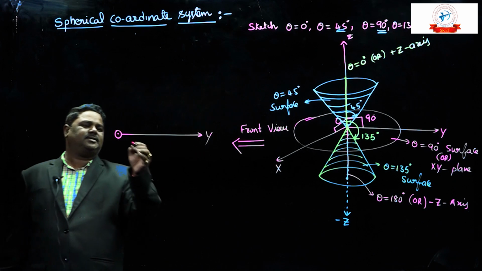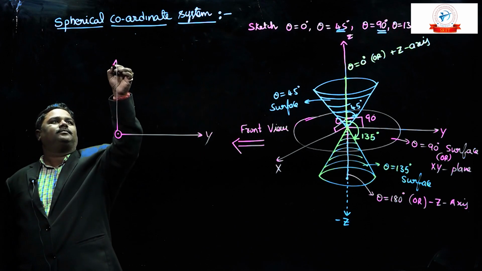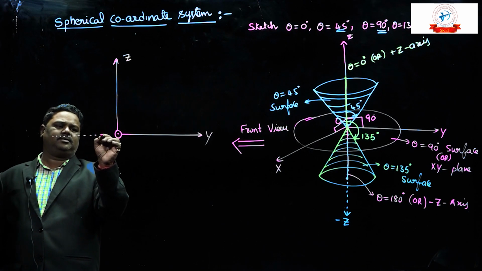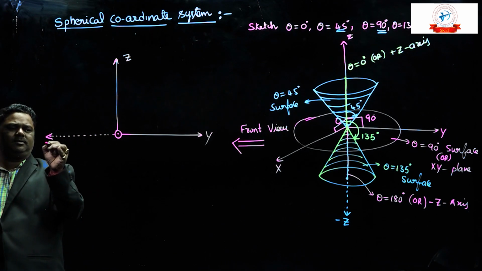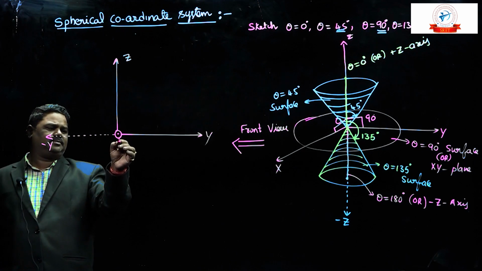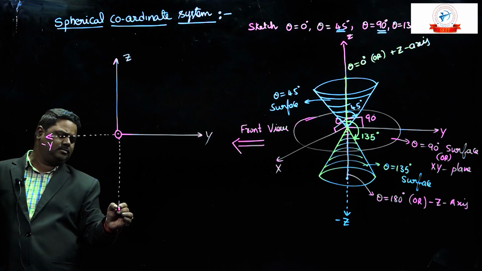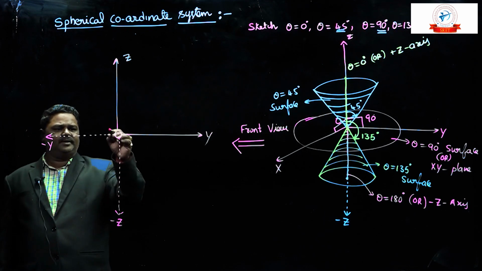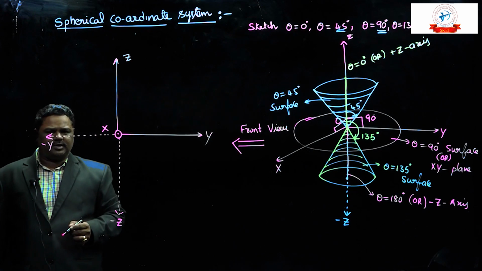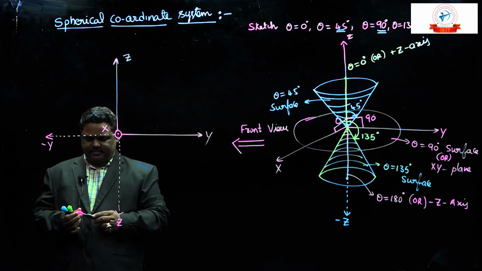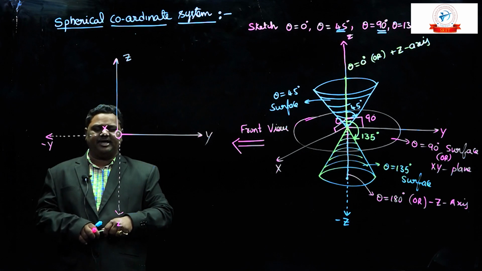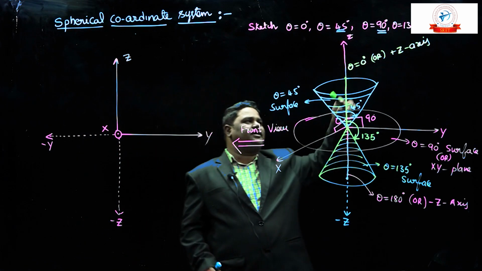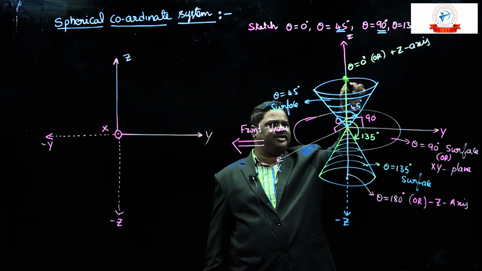This is the Y axis, Z axis, negative Y axis, and negative Z axis, which is the front view. The X axis is outwards from the board, outwards from the paper. Now just consider the theta equal to constant surface. Here we have already observed that theta 0 indicates the positive Z axis.